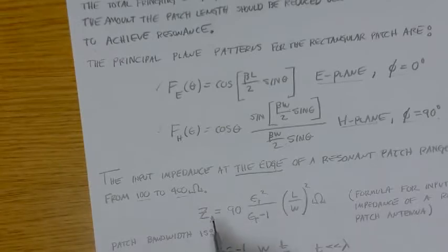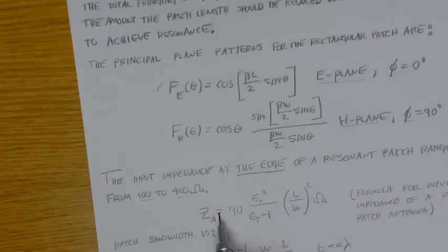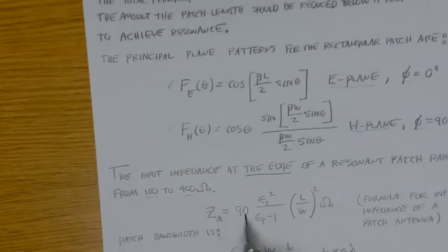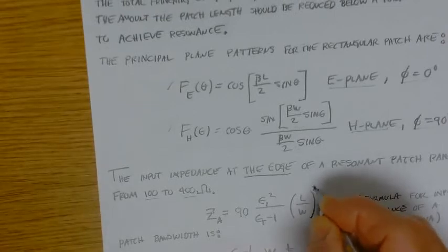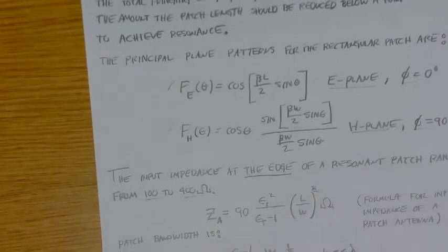And so we have a simple formula for the input impedance of a resonant patch: 90 times the ratio of epsilon relative squared to epsilon relative minus 1, times the quantity length over width, squared. Okay. We're going to work with this formula in just a second through a simple example.